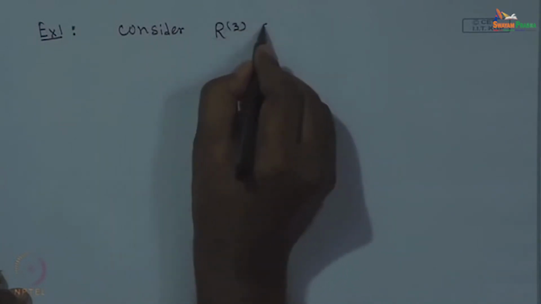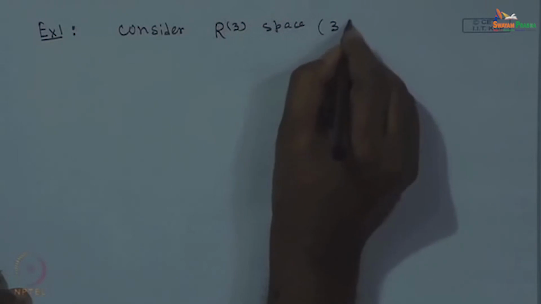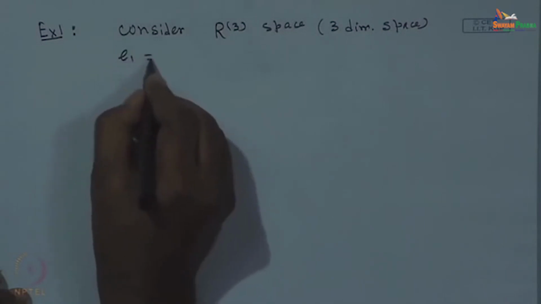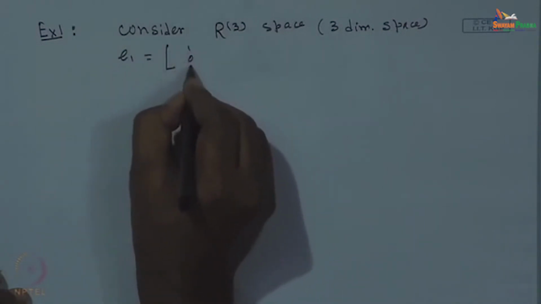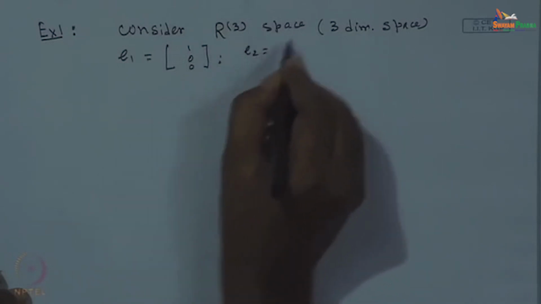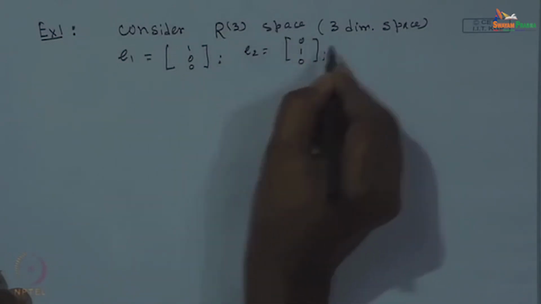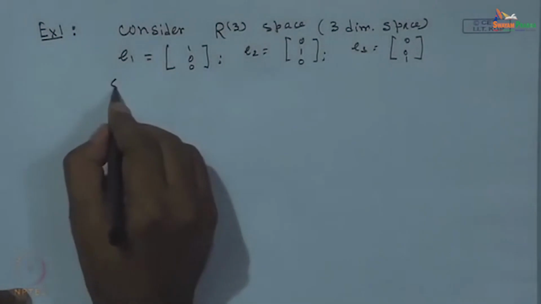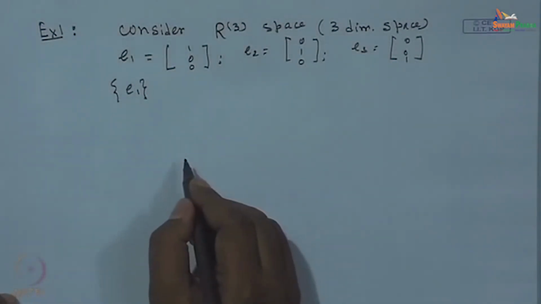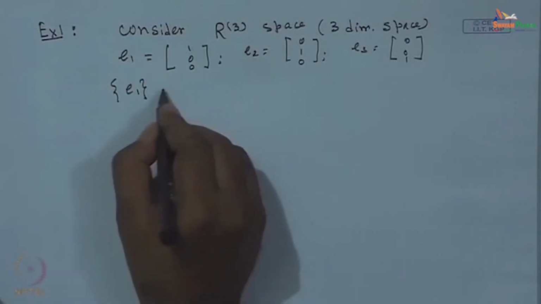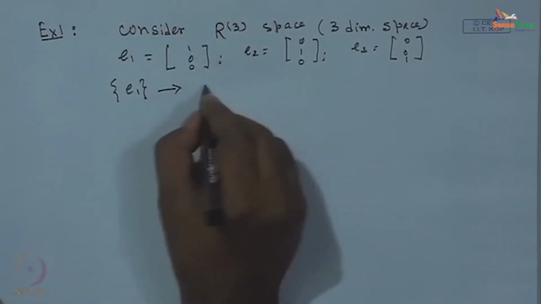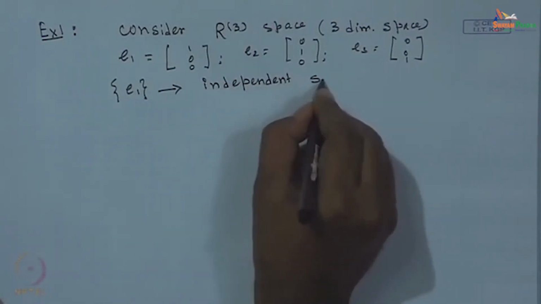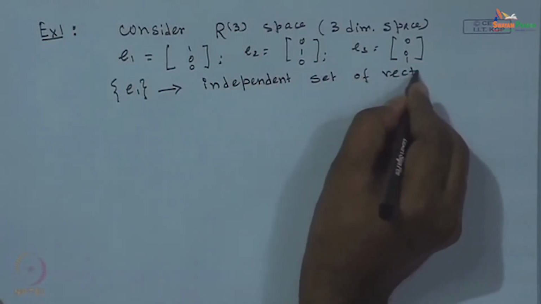Now, in this class we will first look into one example. Let us consider an R3 space, which is basically a 3 dimensional space, where the vectors are E1 is 1 0 0, E2 is 0 1 0 and E3 is 0 0 1. This set of 3 vectors constitutes an independent set of vectors.